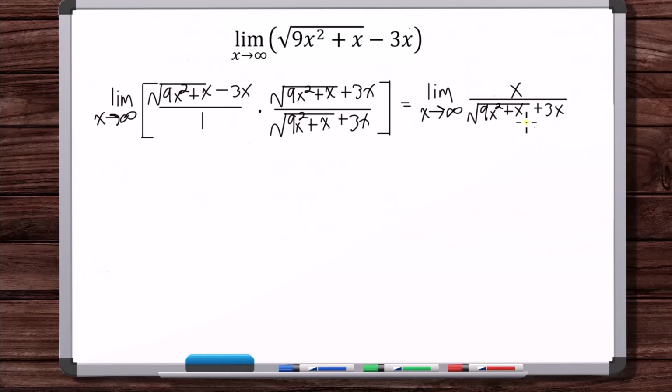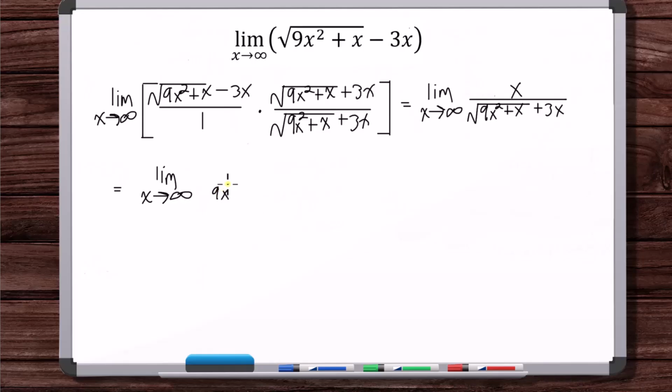Because what we're going to do is divide the numerator and denominator by x to the power that's the order of the terms in the denominator. So in this case, x to the first. Now with the root, we need to be careful, right? This isn't a rational function. We're dealing with a root here, but since x is going to positive infinity, this isn't going to be a problem.